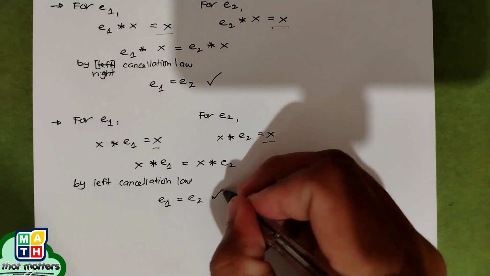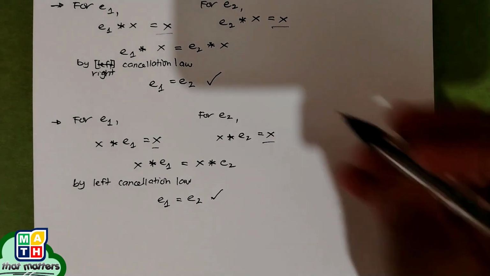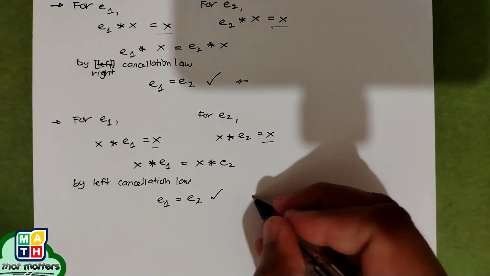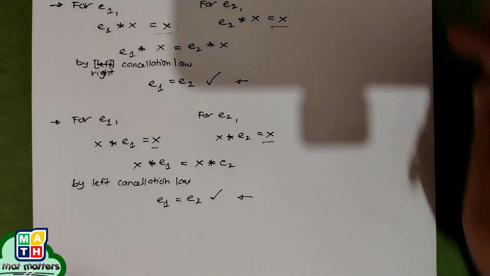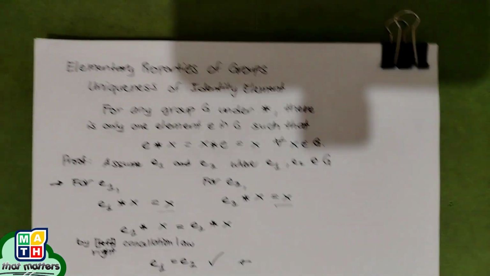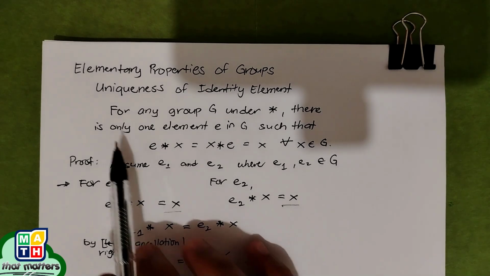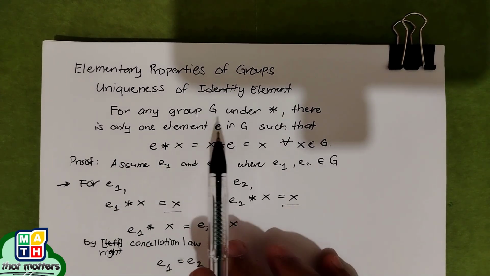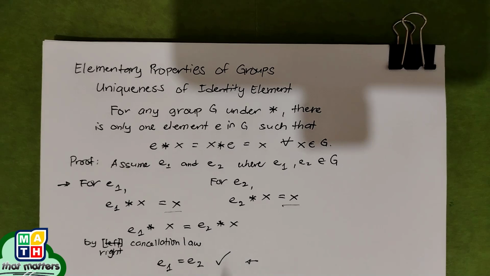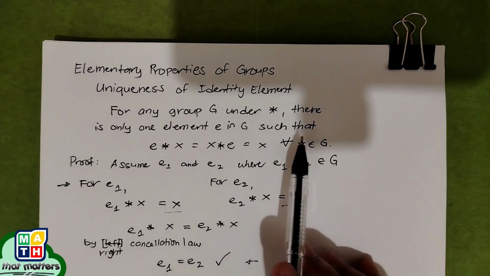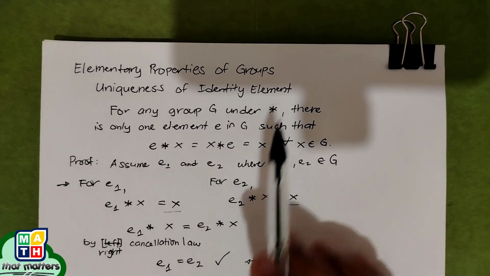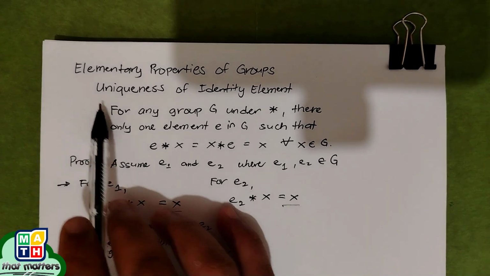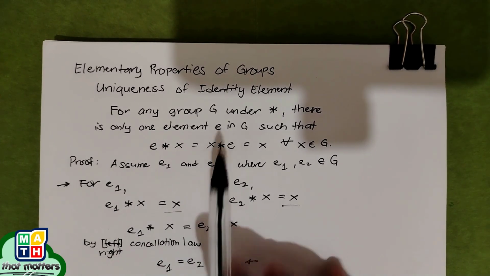Similar to earlier, even if we assumed that there are two of them, they are just the same element. This proves the theorem, which tells us that there is only one element e in our group G satisfying this condition. That means the identity element of every group is unique, and there's only one of them.